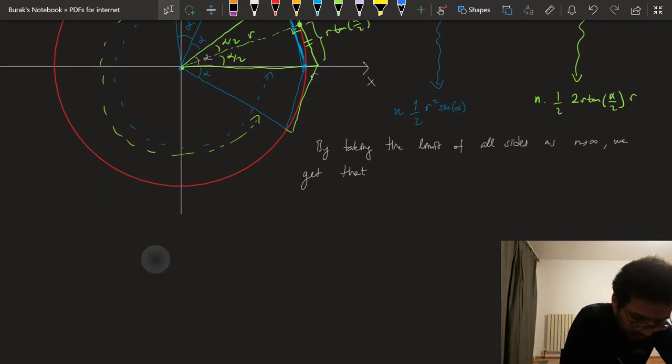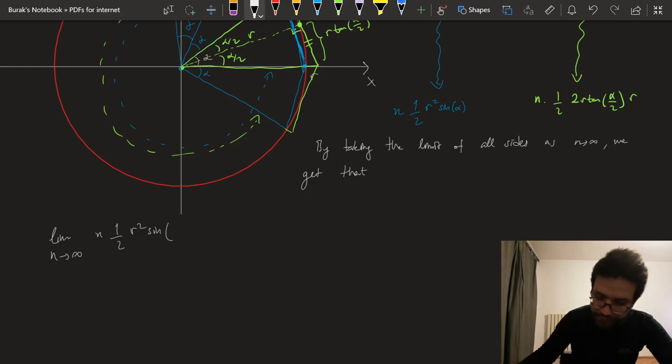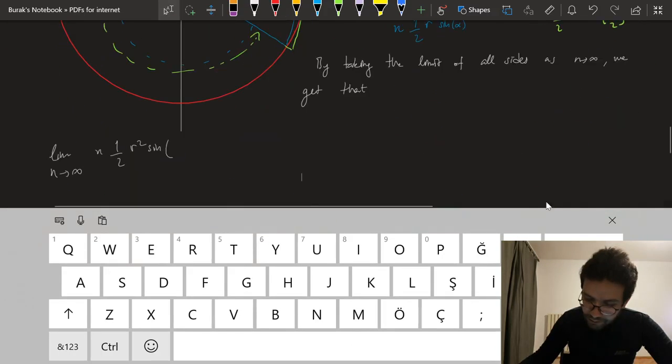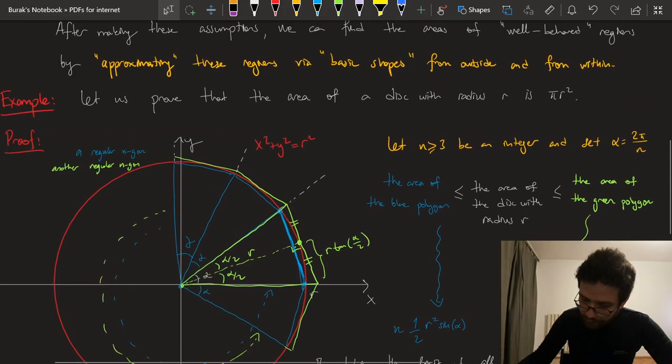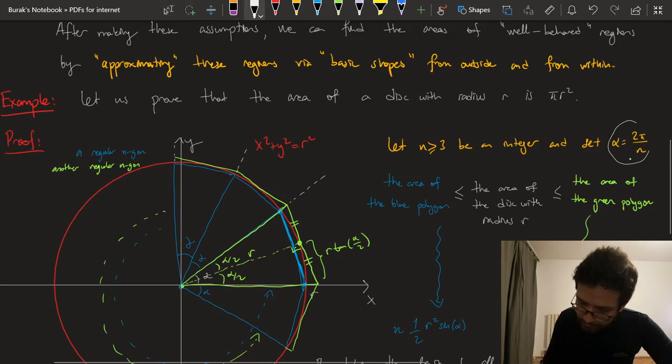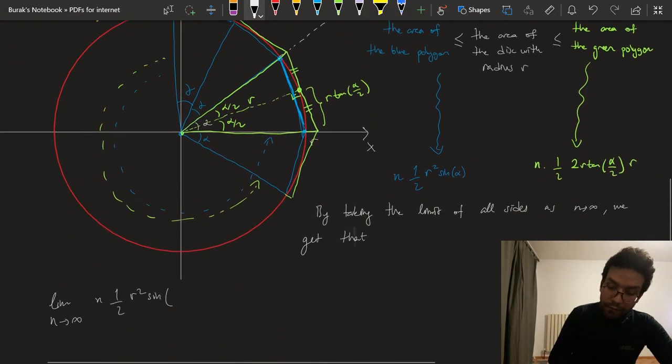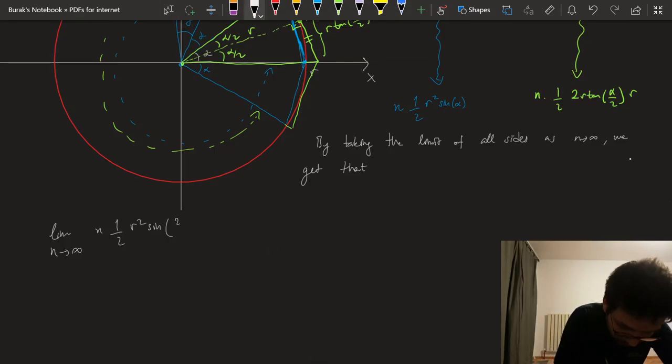Now, let me take the limit of the left hand side: n times 1/2 r squared sine of alpha. Remember, alpha is equal to 2 pi over n. So this is sine of 2 pi over n.